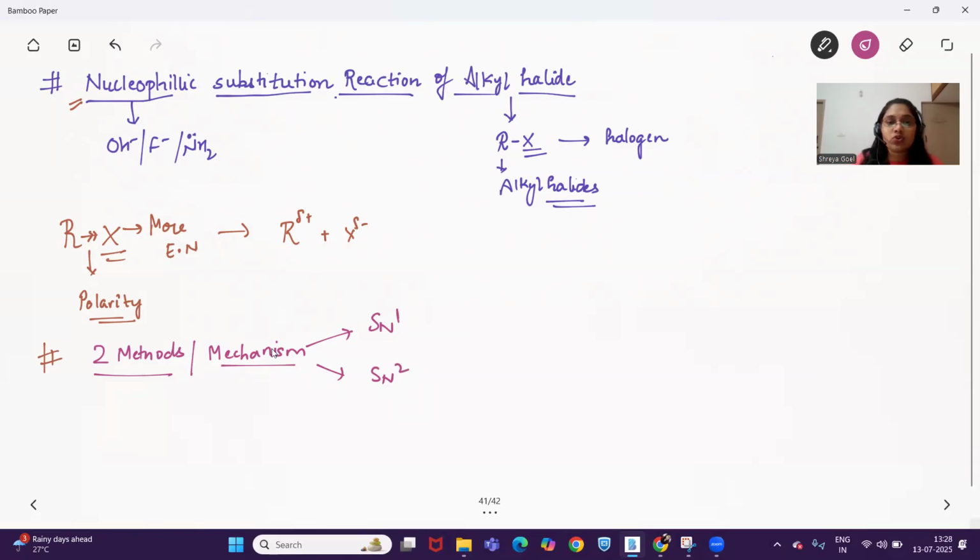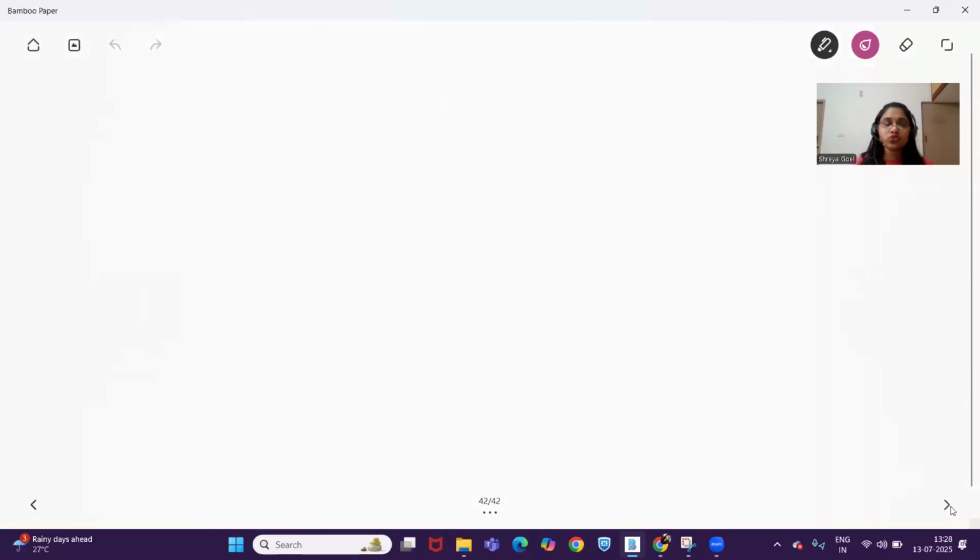Good. First of all, we will study the SN1 reaction or the SN1 mechanism. What do S, N, and 1 represent here? S means substitution, N means nucleophilic, and 1 means first order.